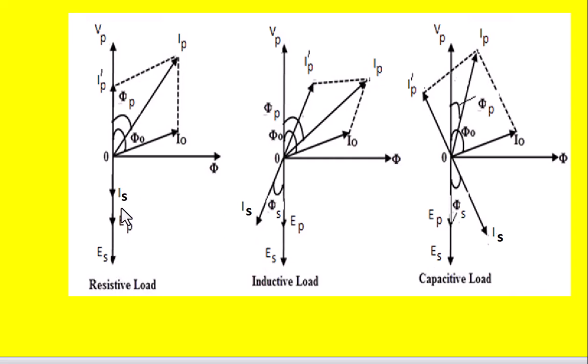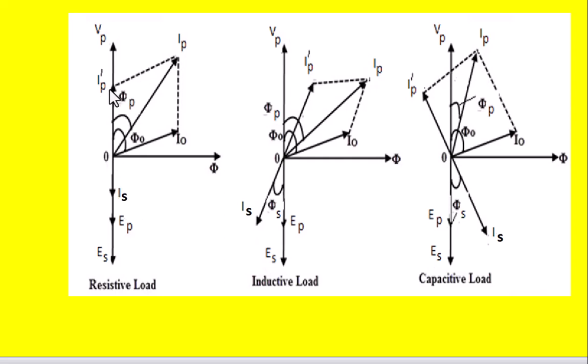But this IS, as we discussed earlier, will oppose the main flux, so the primary current produced in the primary winding is called IP dash, that will oppose the IS like this.